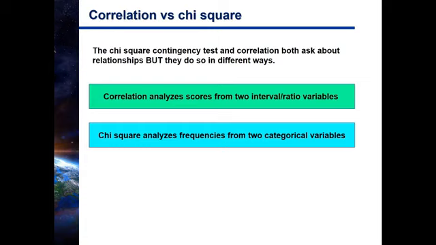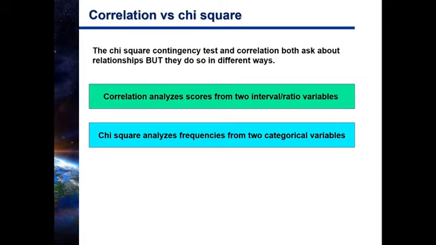That would be interval data. And we might group the temperatures into categories like very hot, hot, nice, cold, and very cold, or something like that.